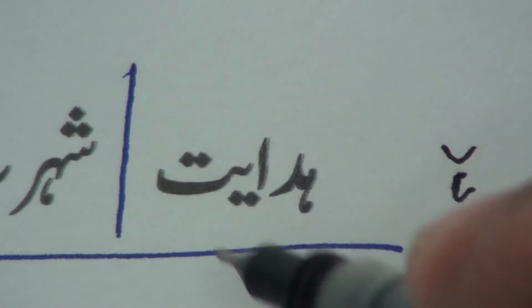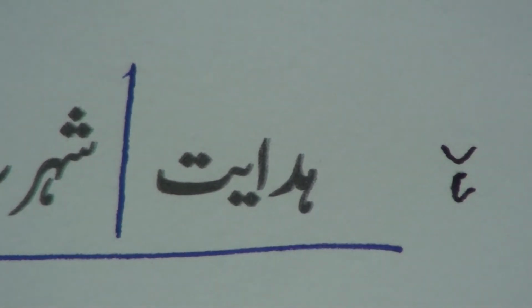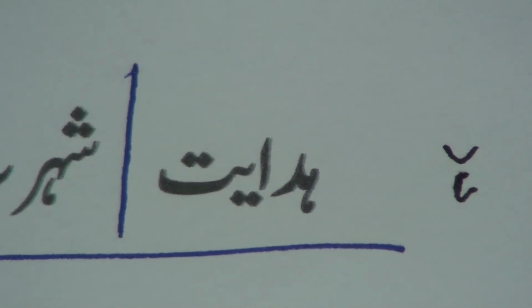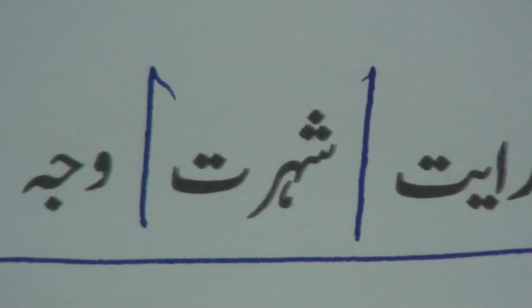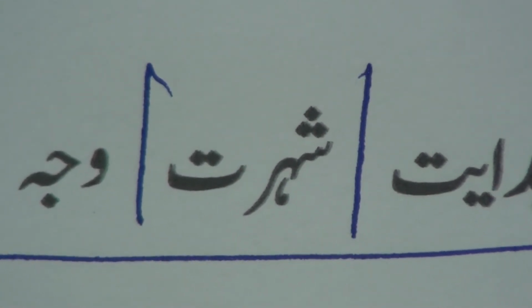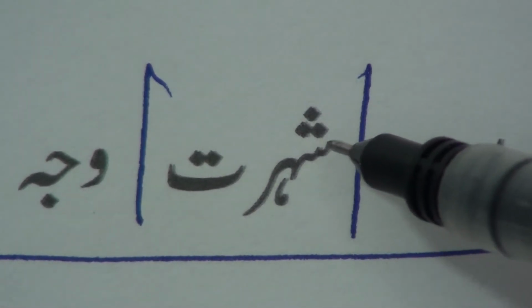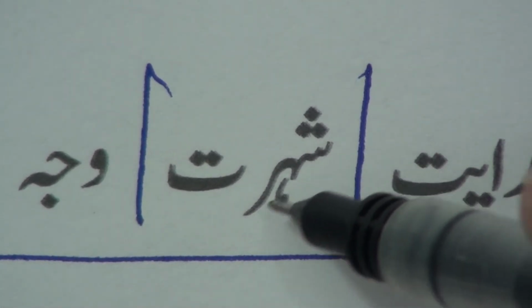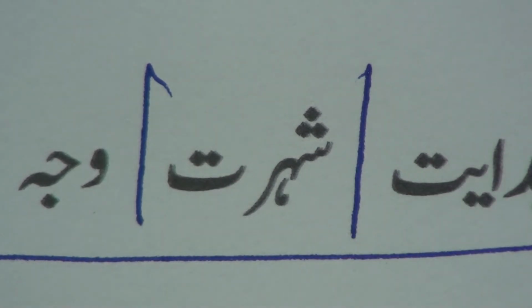Hidayat means instructions. Shuhrat. Sheen, he, re, te, shuhrat. Here, this is sheen and this is he, and re, te. Shuhrat means fame.